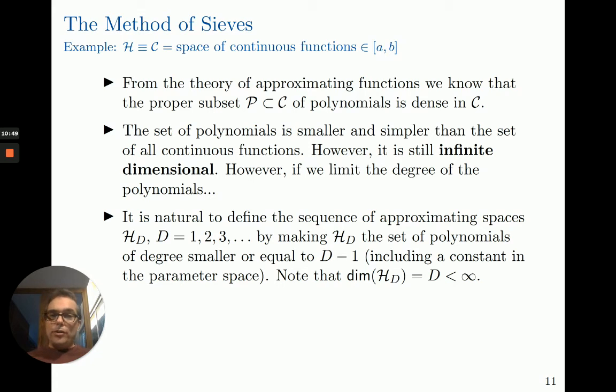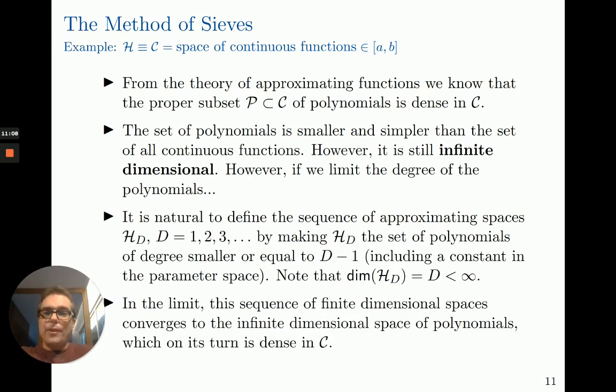So what's going to be our sequence of spaces? We can start with a polynomial of order 1, then order 2, or 3, or 4, or 5, until we get an approximation to the unknown function that is good enough. And in the limit, we have a polynomial of order large enough to have a perfect fit to the unknown function.